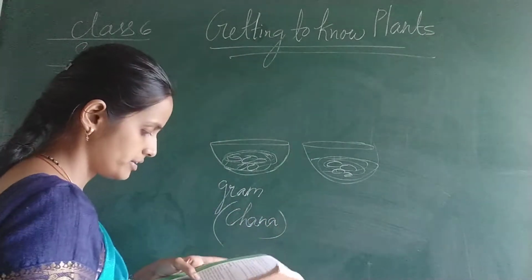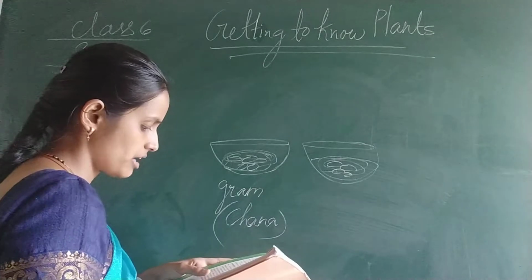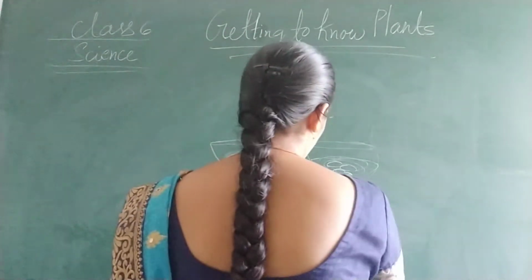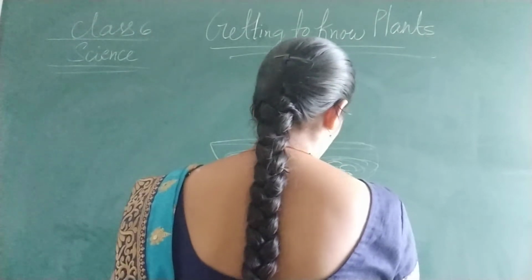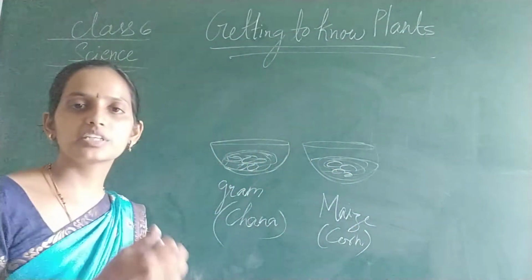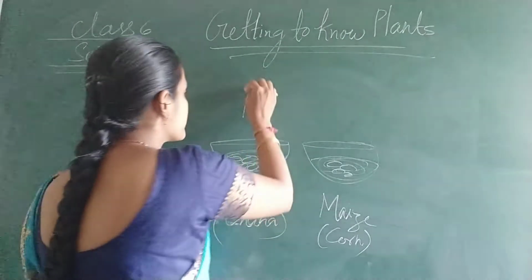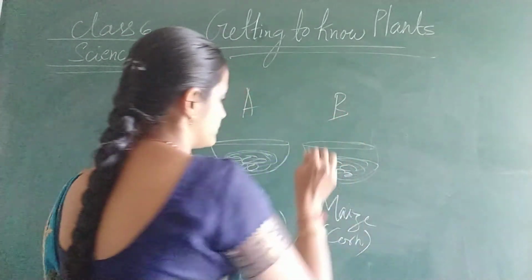In the second part, maize, or the corn. So 2 types of seeds we have selected, in A and in B.